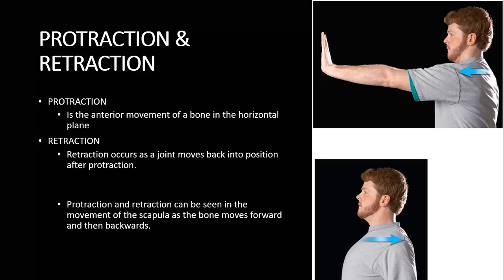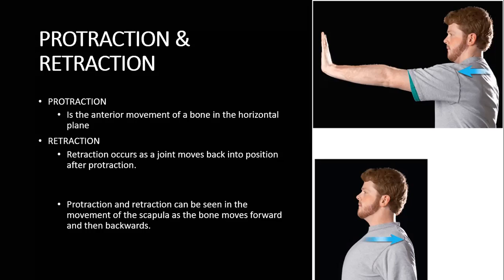When we move the arm forward, that's known as protraction. That's the anterior movement of the bone. Retraction is the coming back movement, the returning movement back to neutral. So we have protraction going forward, retraction coming back.